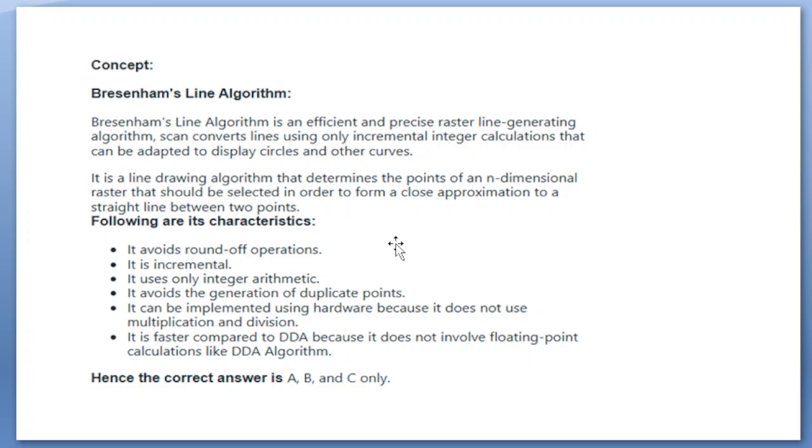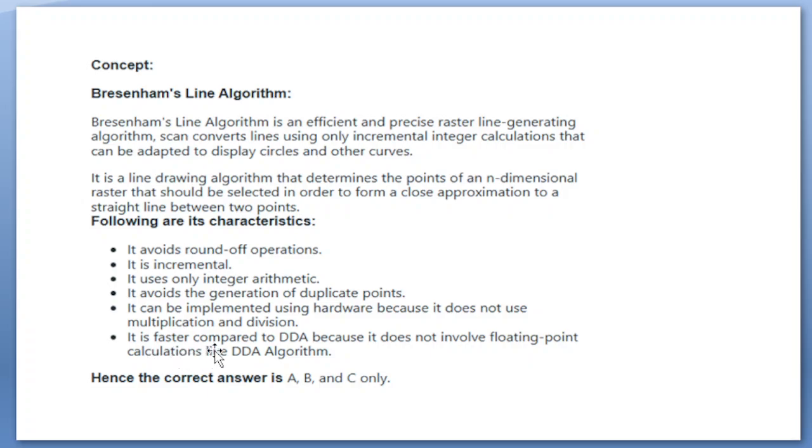The major characteristics are that it avoids round off operations, it is incremental, and it uses only integer arithmetic. It avoids the generation of duplicate points, and it can be implemented using hardware because it does not use multiplication and division.